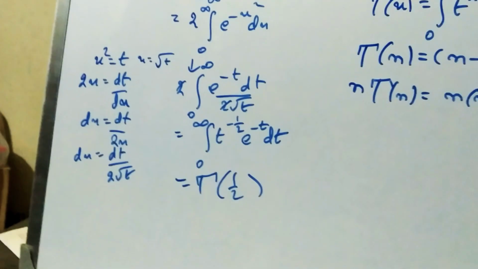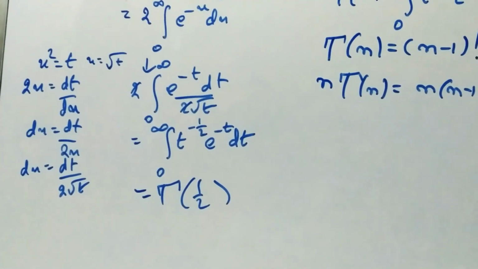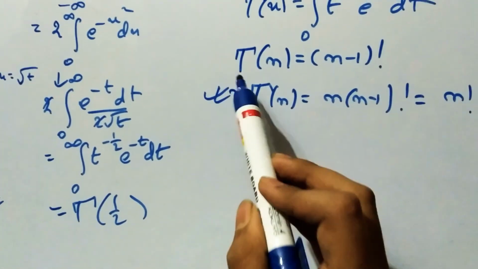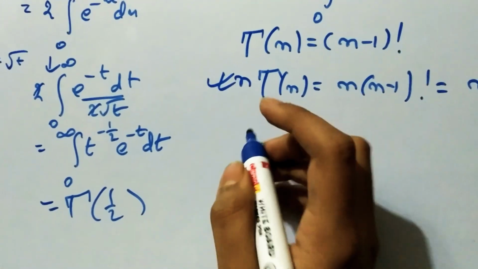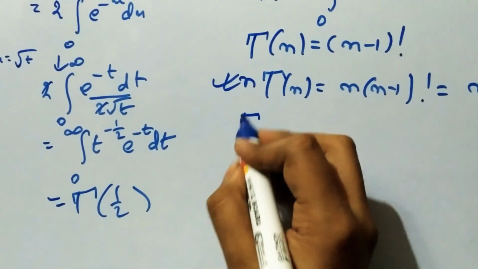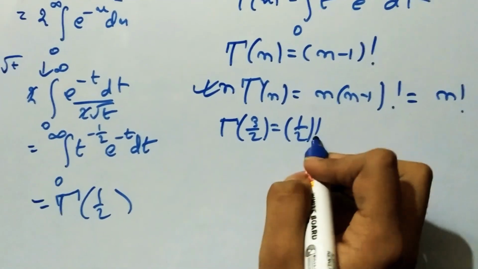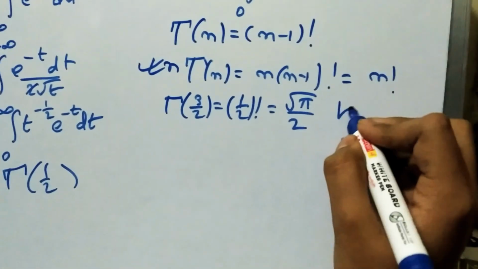So now we have got something which can help us solve this integral. Now we are going to use this particular property. Another thing that we all know is that the gamma function of 3 by 2, which is half factorial, is root pi by 2. This is known.